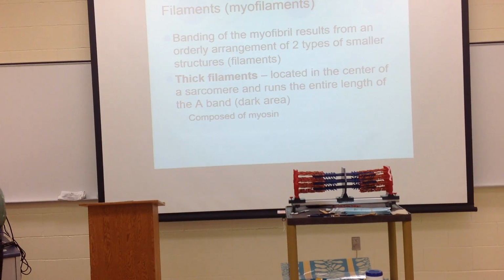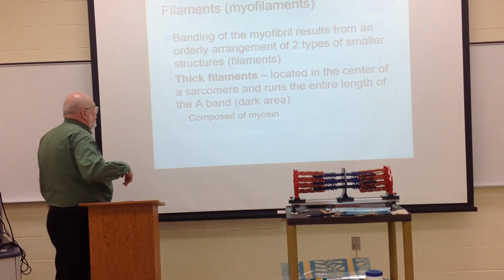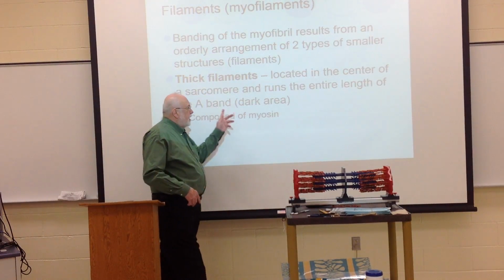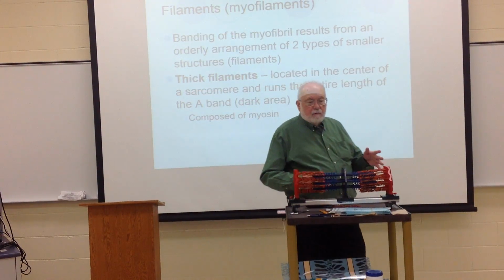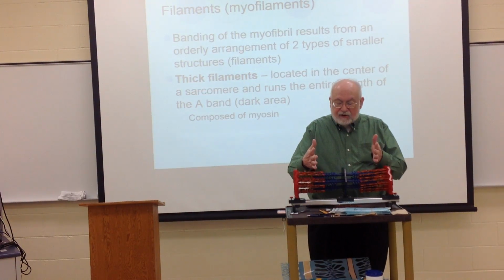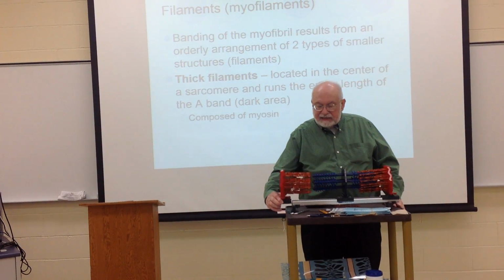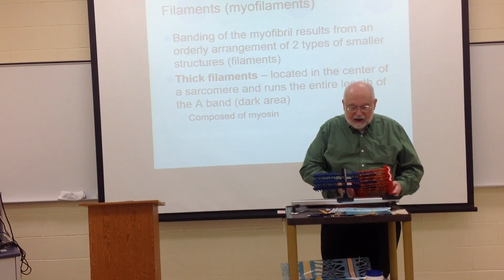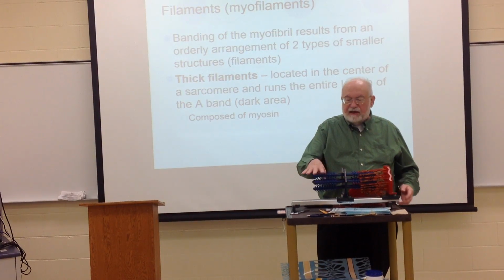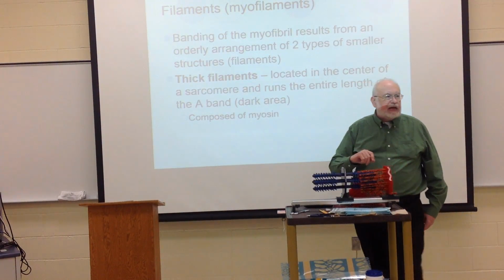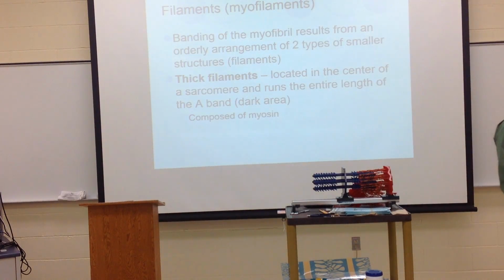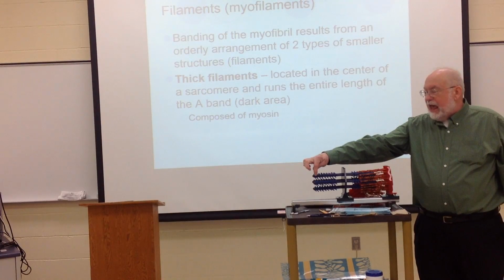All right? What about the thick filaments? Well, they're in the center, and they run the length of the A band, the dark band, right here. And if I take this set off, here are a bunch of thick filaments. They're made of a protein called myosin. Myosin is in essence a fiber, and it has on the end of it a double head.